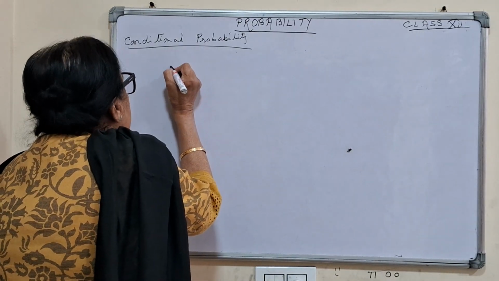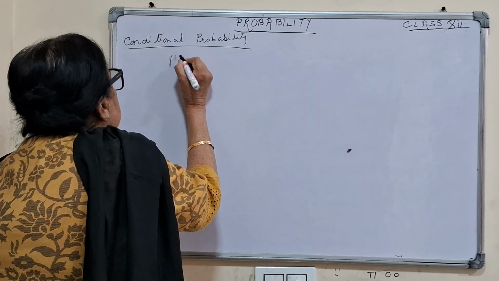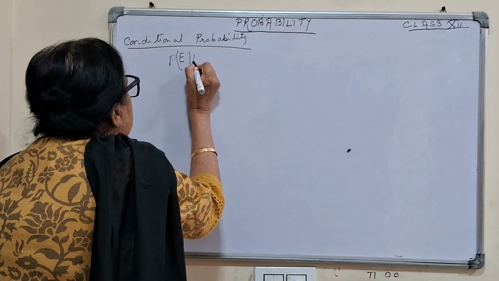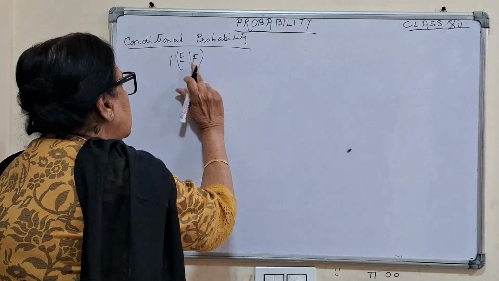Then we can write P of E when F has occurred.